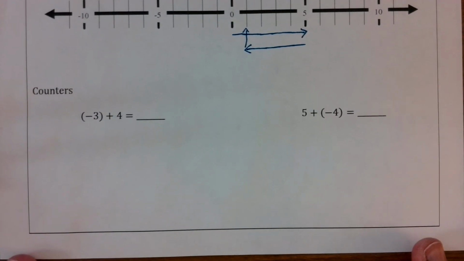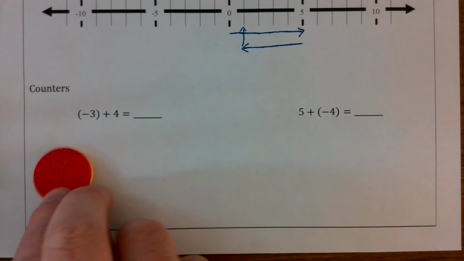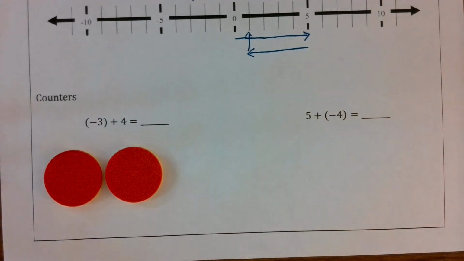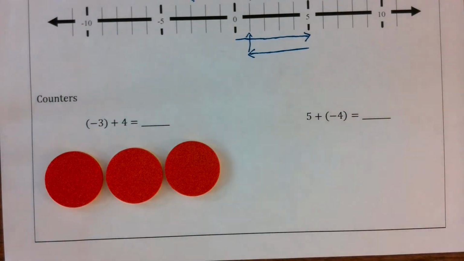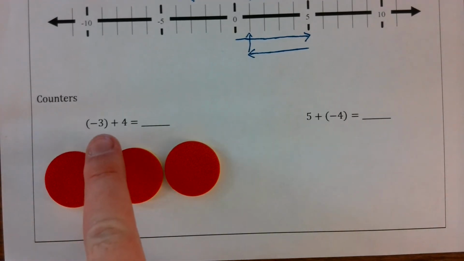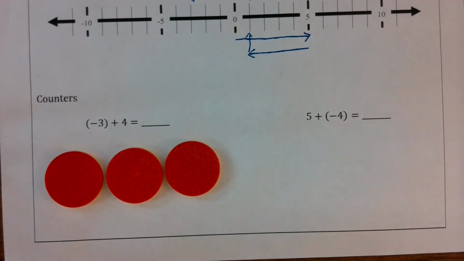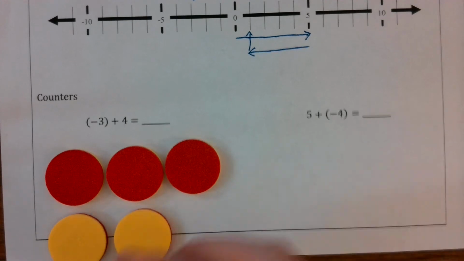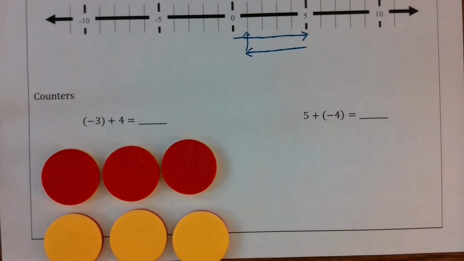All right, lastly, we're going to look at how to do this with counters. And I've got the physical counters this time. So if we have negative 3, so here's my negative 3, 1, 2, 3, and I'm adding positive 4 to that. 1, 2, 3, 4.